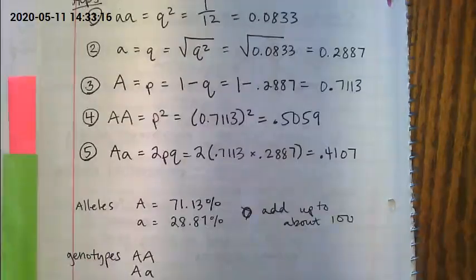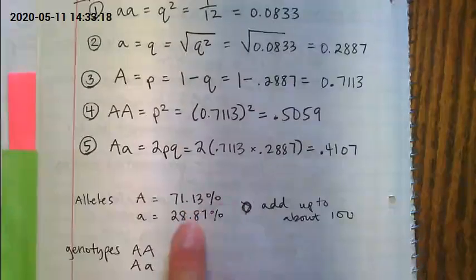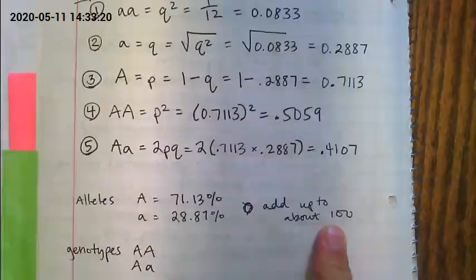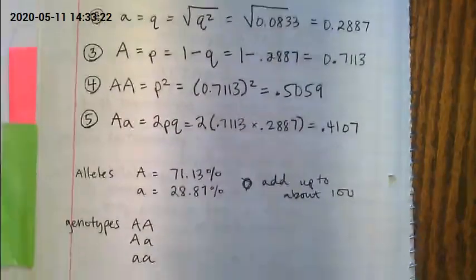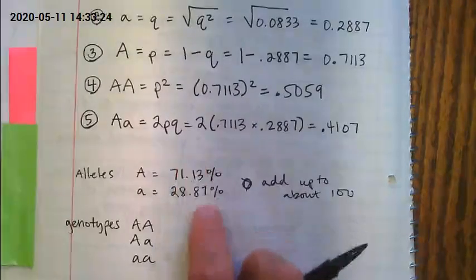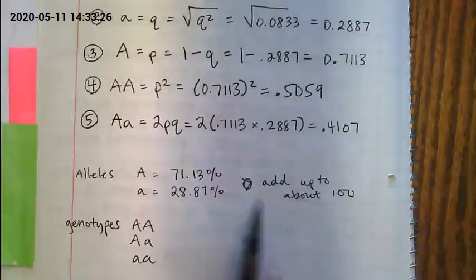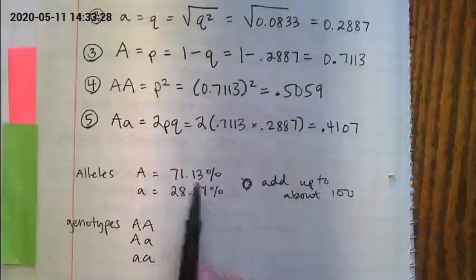Just looking at this without doing the decimals, this is 99%. That's pretty close, considering there was some rounding. Yeah, I think that's exactly 100. Okay, so our math works out.